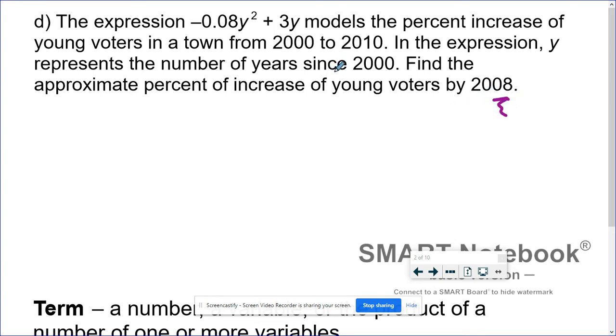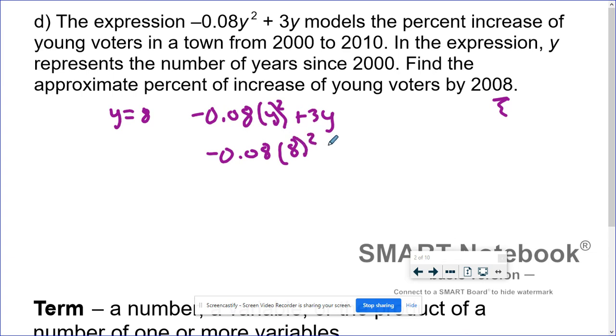So based on the definition of Y, if Y is the number of years since 2000, and it is 2008, that means Y is going to equal 8 for this. And we're going to take the expression that was given and evaluate it for Y equals 8. So again, it's the same thing we just did, just packaged in a different way. So we're substituting 8 in for Y, and you're going to get this. 8 squared is 64.